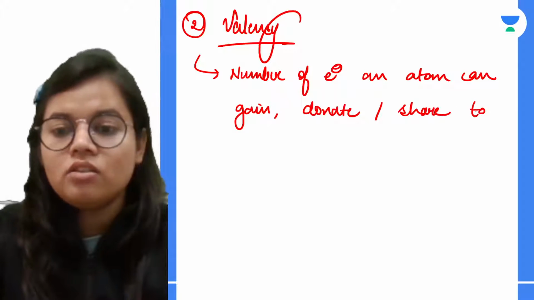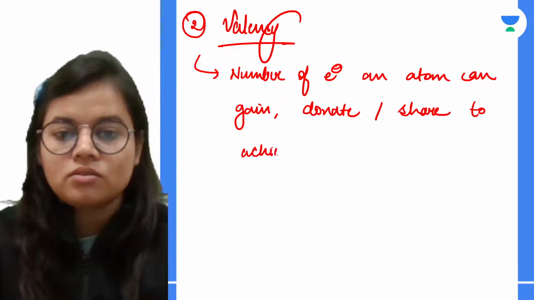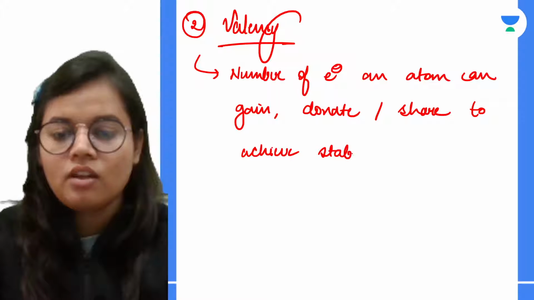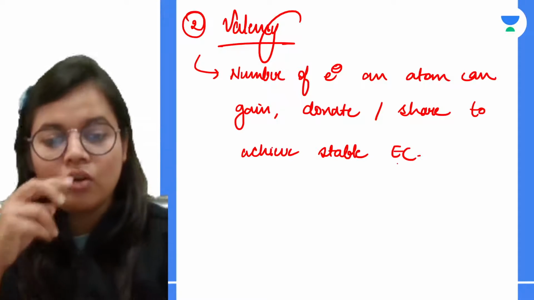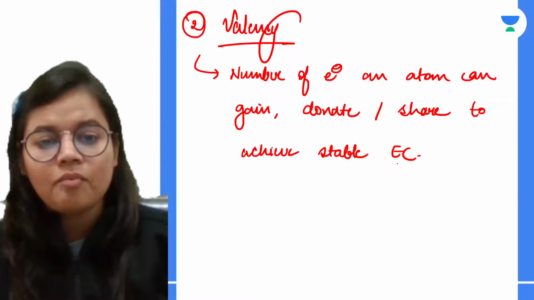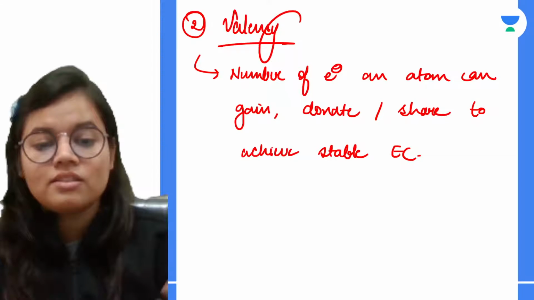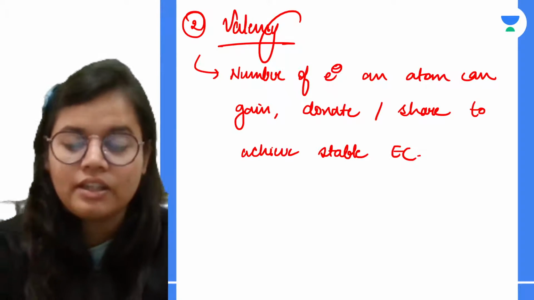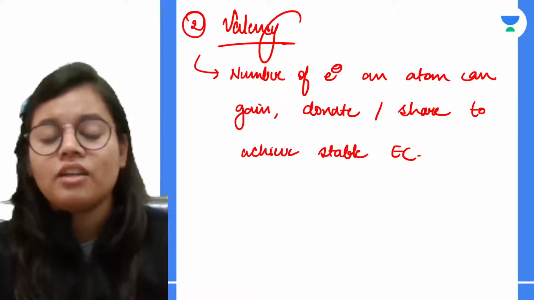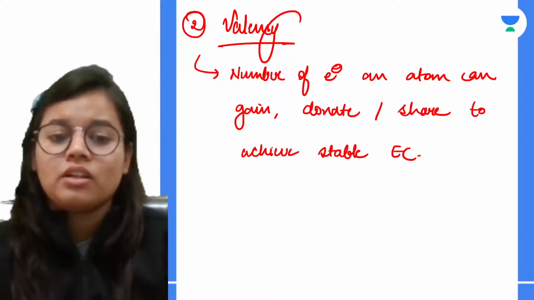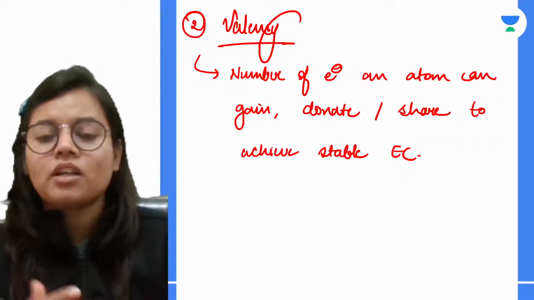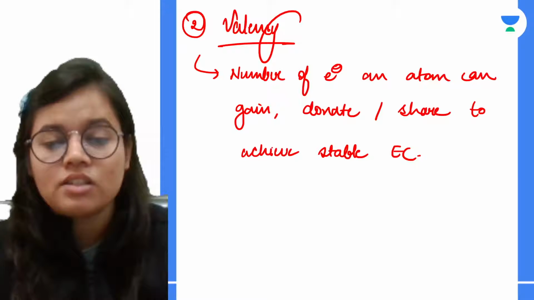And what is the reason? To achieve a stable electronic configuration. Okay, so since they need a stable electronic configuration, yes, correct dear, they go for sharing of electrons, gaining of electrons, donating electrons, etc. Meaning, by doing anything, they need a stable electronic configuration.